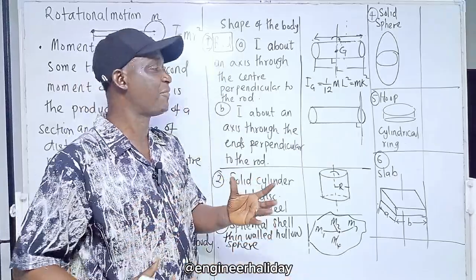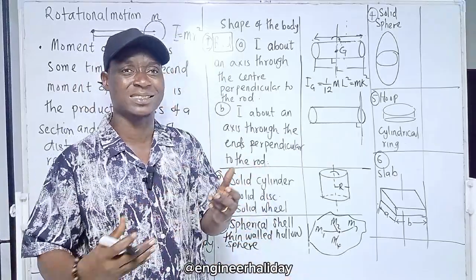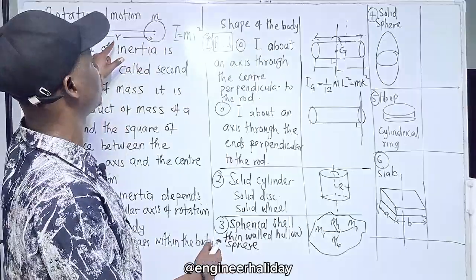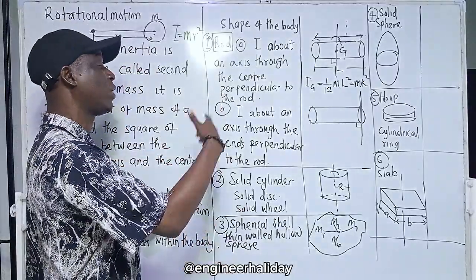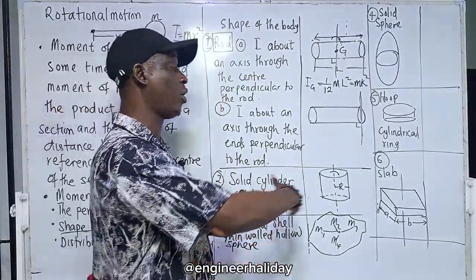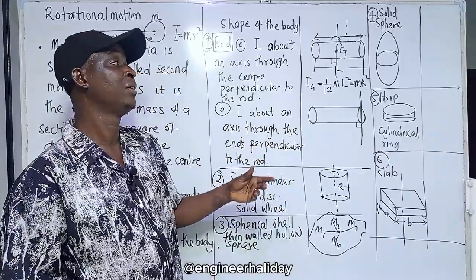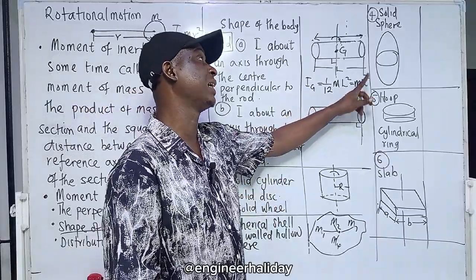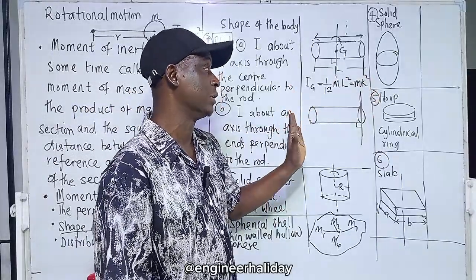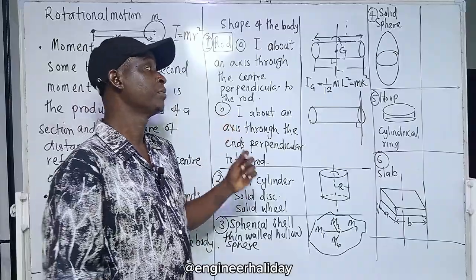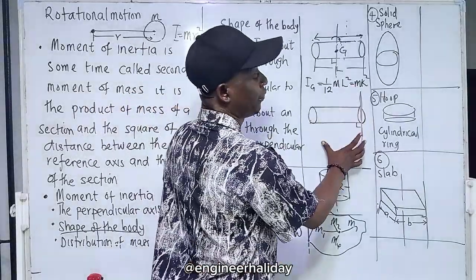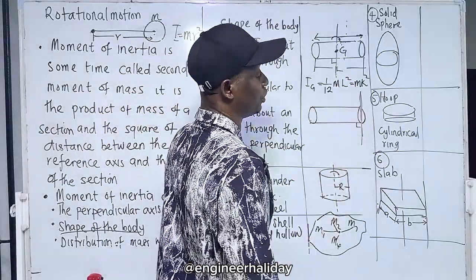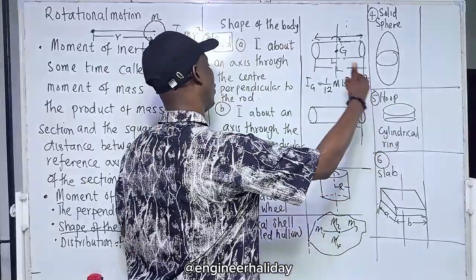You ensure that they have an equal distance that will now be equal to the radius of gyration, meaning that r1, r2, r3, r4 are all equal to k. And don't forget, radius of gyration is not affected by the shape of the body. It will remain mk square for every shape of the body, whether at the end or at the middle.